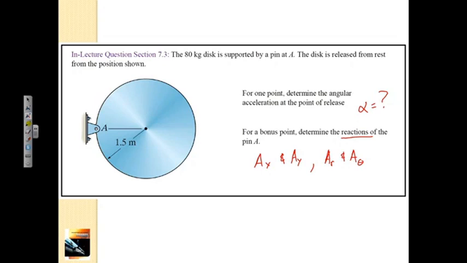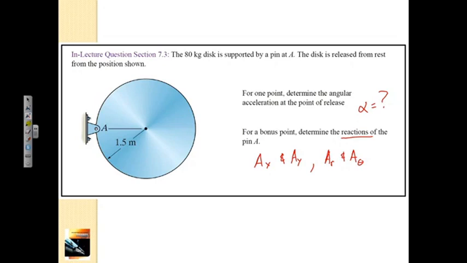Find alpha, and I'm going to use x and y. So we'll write FBDs, we will sum forces and sum moments, then we will solve. Very complicated roadmap, but it's the flow we use when handling these problems.